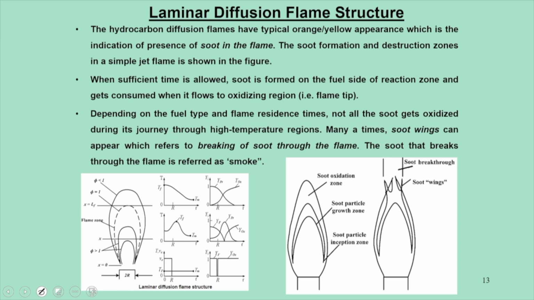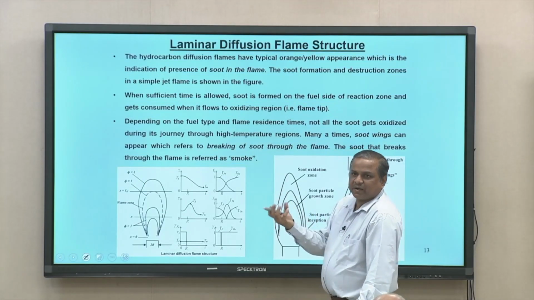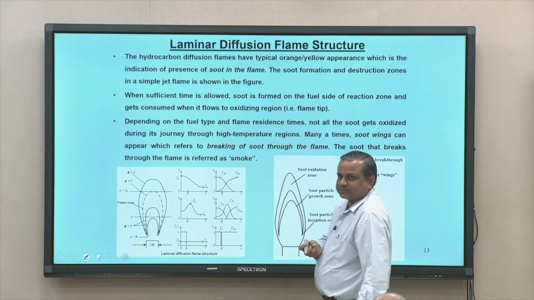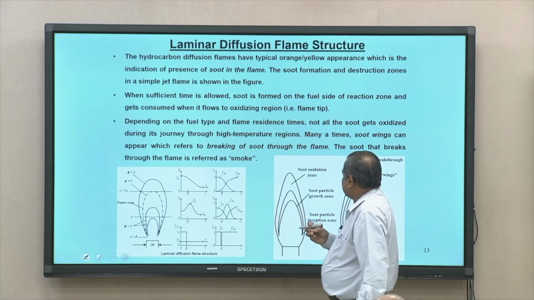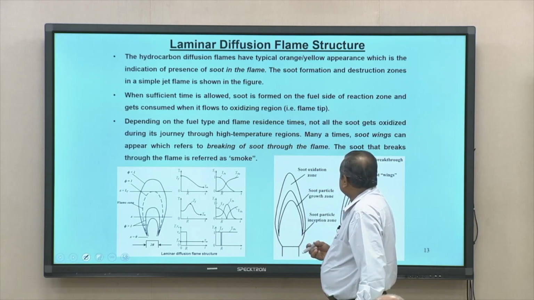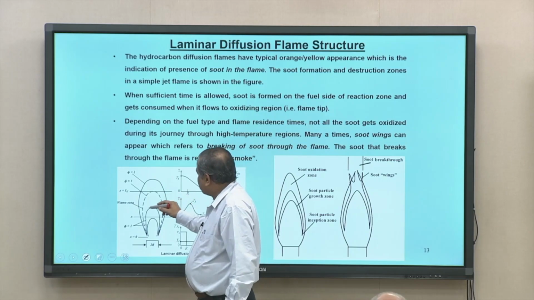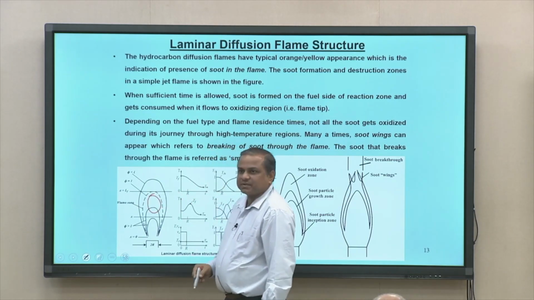Now why do these soot particles form? Soot particles form because the fuel doesn't find sufficient air to combust, and the carbon which is there in the fuel remains as small particles. Now where is the location that soot particles can form? That can form only within this dome, the rich mixture zone.